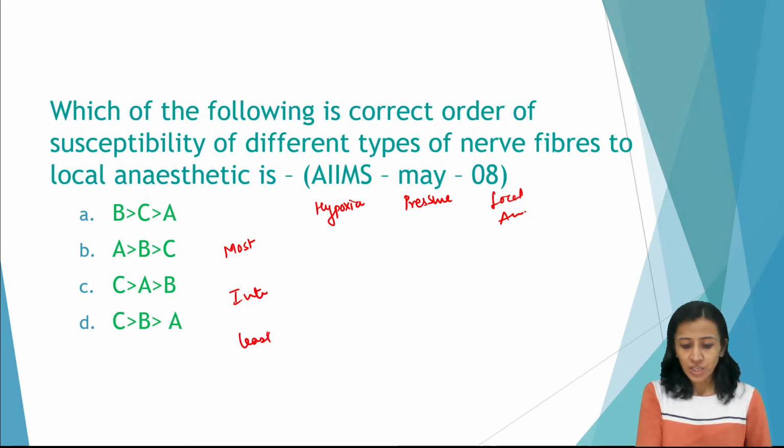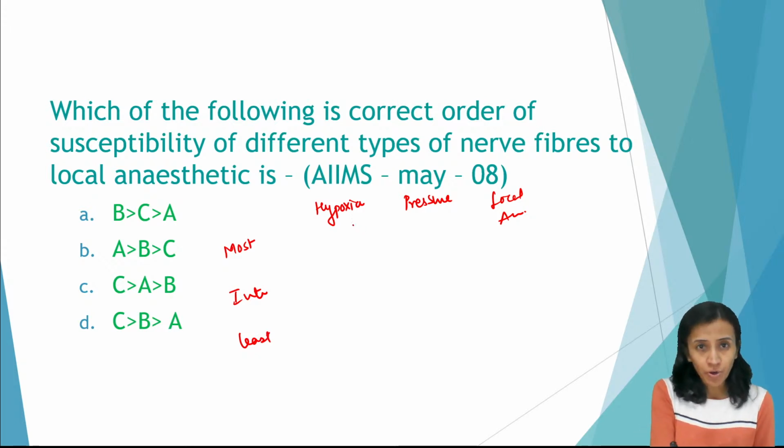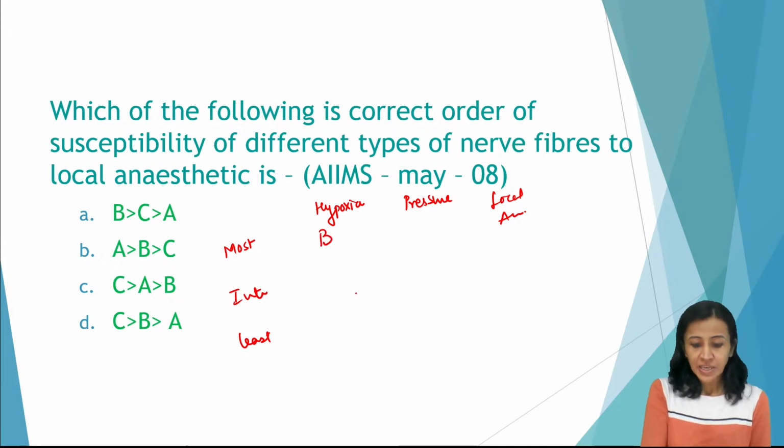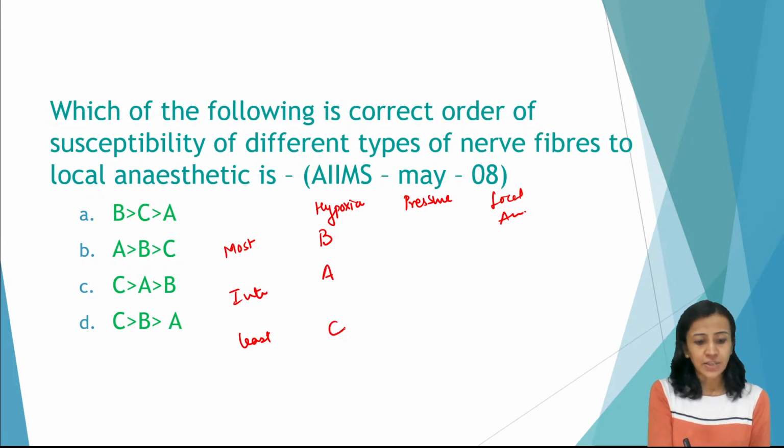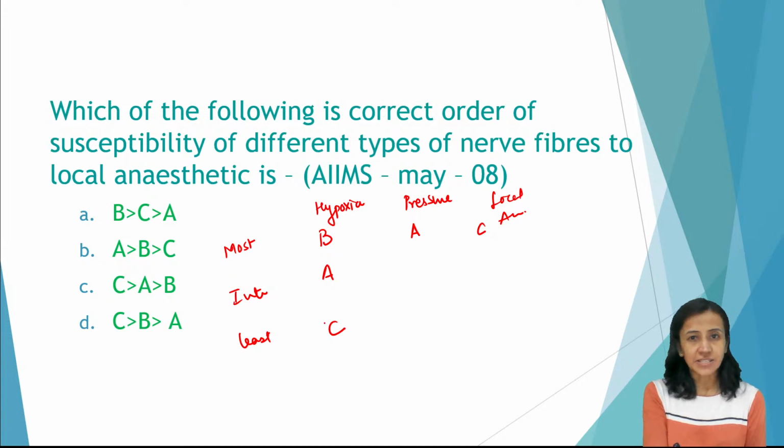For hypoxia, the most susceptible fibers are B fibers, intermediate are A, and least are C. So you can remember B, A, C.